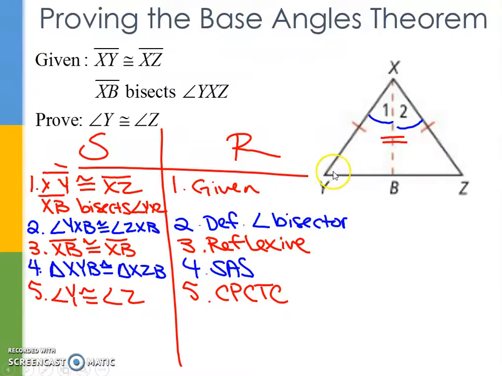Therefore, after we prove that these two triangles are congruent, the corresponding leftover parts are congruent to each other, that is CPCTC. So this proves that angle Y and angle Z are congruent.